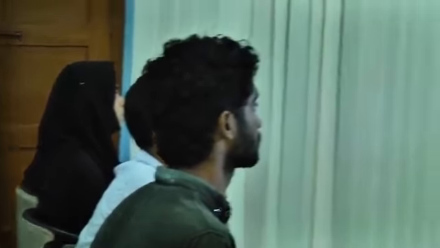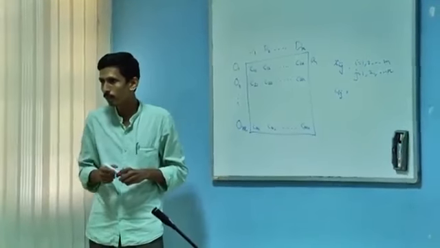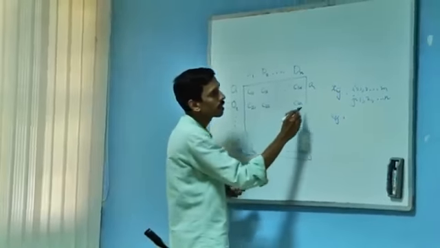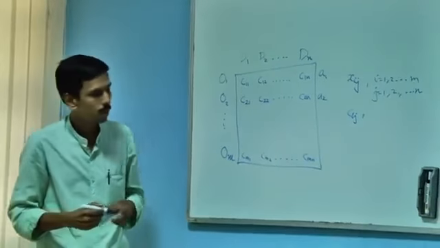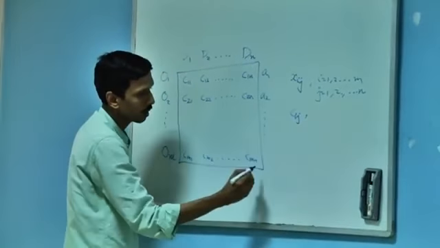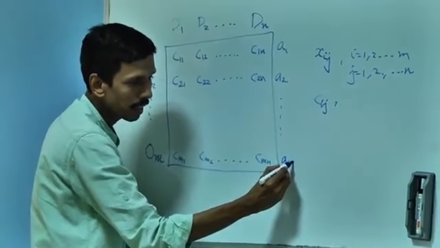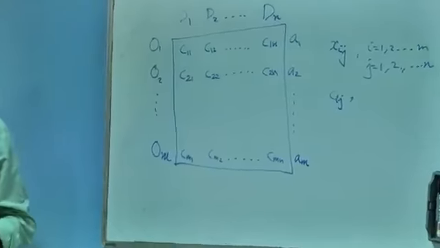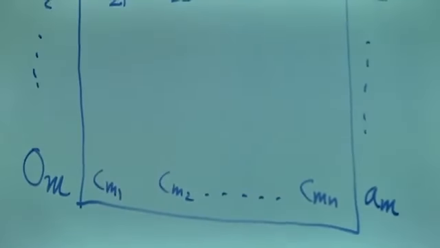A1 is the maximum production at origin 1. A2 is the maximum production at origin 2, and so on. Finally, AM is the maximum units available at origin M.